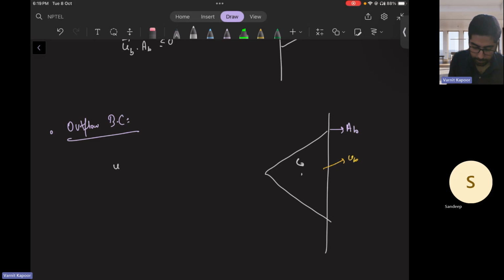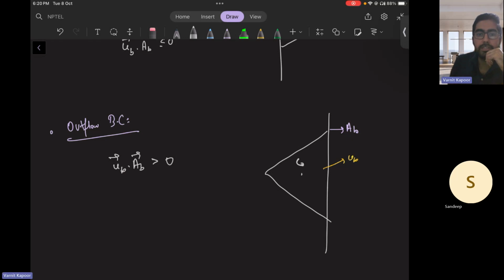Both are pointing in the same direction, so U_B dot A_B will be greater than 0. So you can say that this is an outflow boundary condition. So in brief, I've discussed what an inflow and what an outflow boundary condition is.